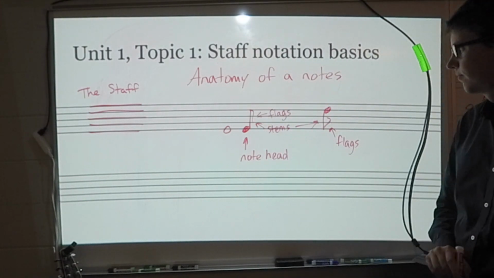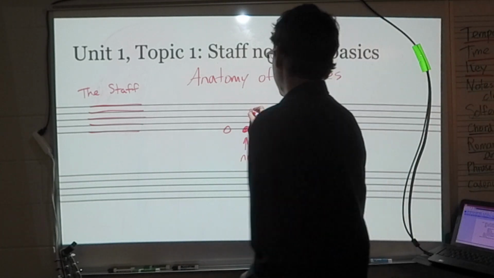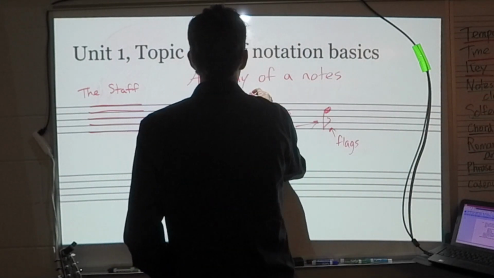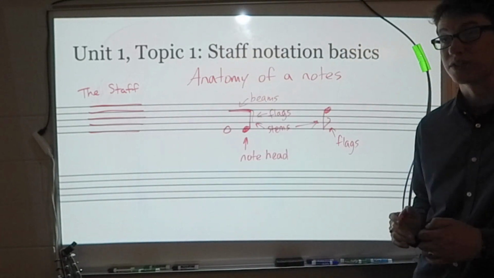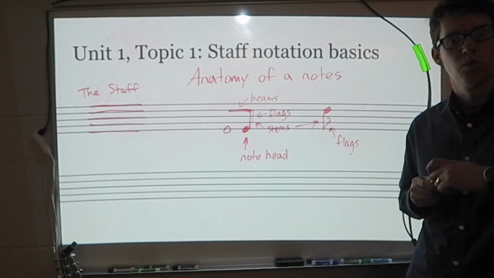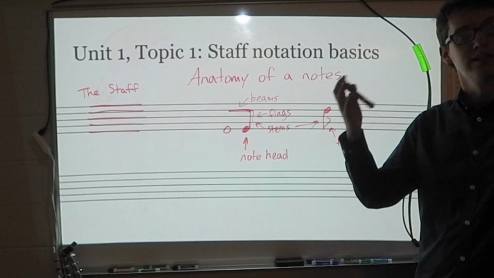Some notes have flags, and finally notes sometimes have beams when we're connecting two or more eighth notes or 16th notes or 32nd notes. We'll get to those other types of notes later.